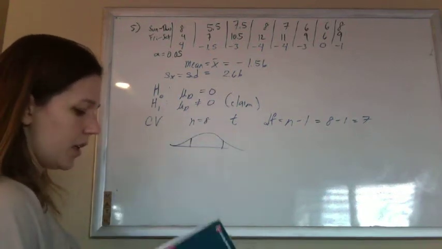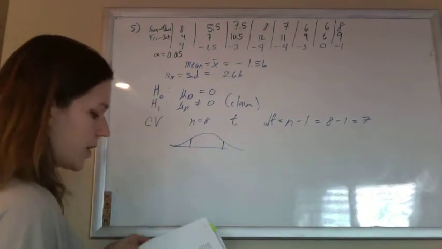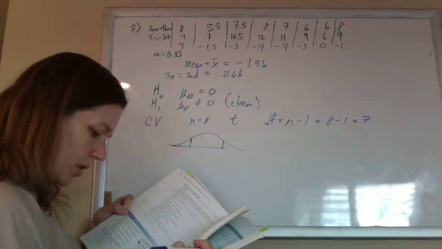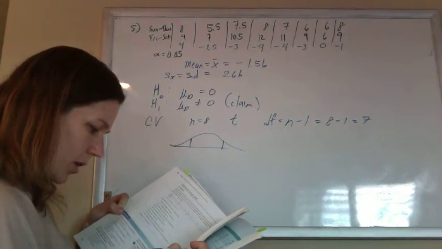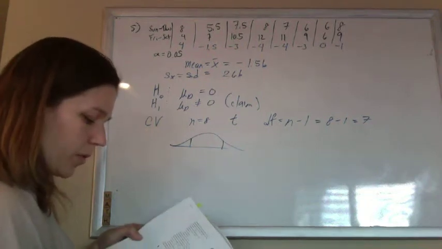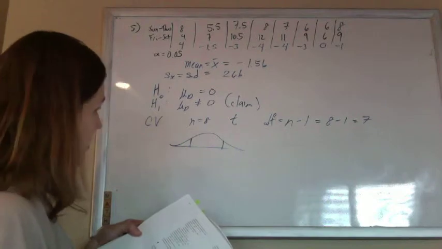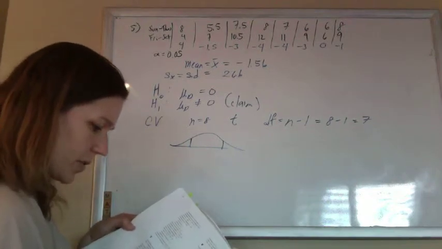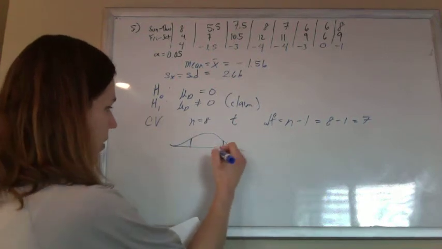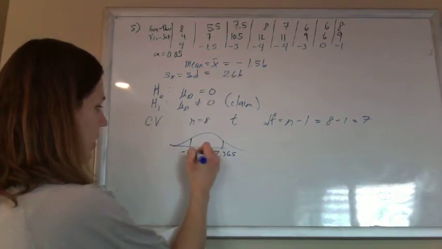The significance level was 0.05. So 0.05, two-tailed, down to the degrees of freedom 7, which is 2.365. So 2.365 there and there.